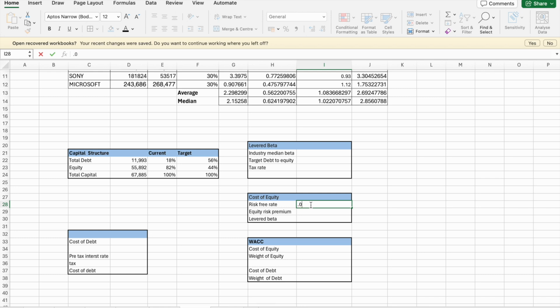So we know the formula. It is the risk free rate plus the additional risk premium multiplied by the beta, which we will be getting.